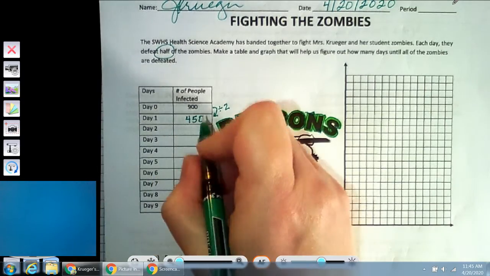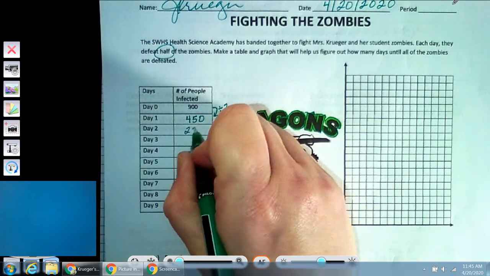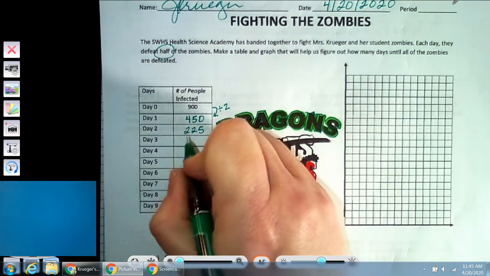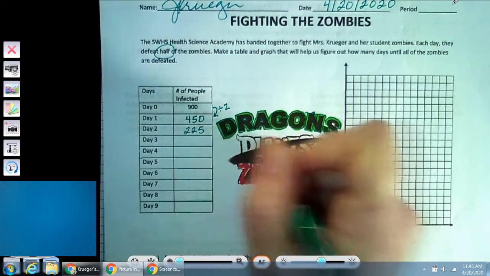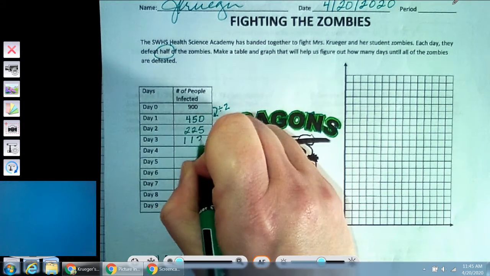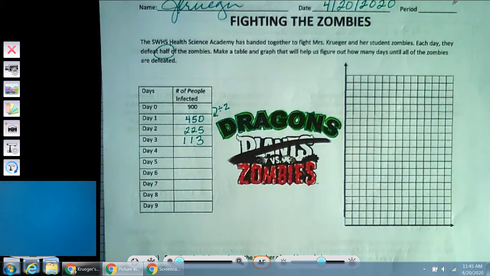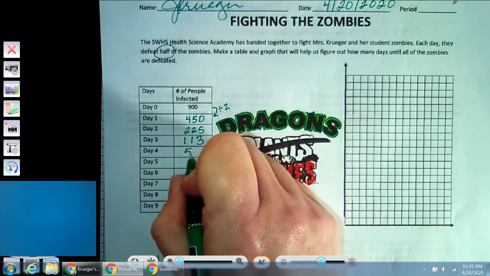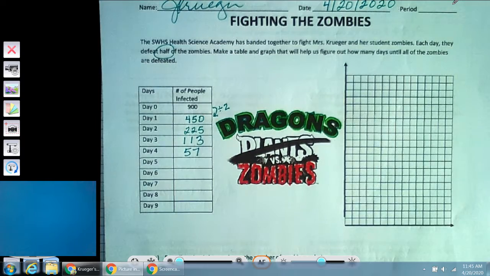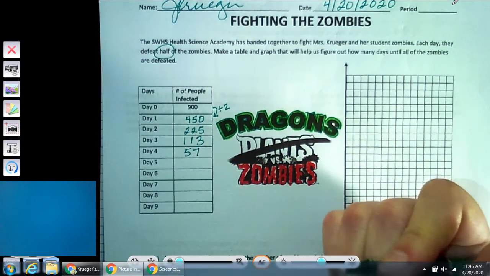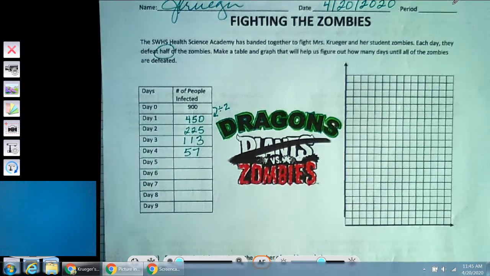Day 2 is half of that, so we'll have 225. Day 3, half of that, I'm going to round up because we would have a decimal, it's going to be 113. Half of that is going to be 57. Again, half would be decimals, but we really can't kill half a zombie, so that's why I'm using whole numbers, rounding up.